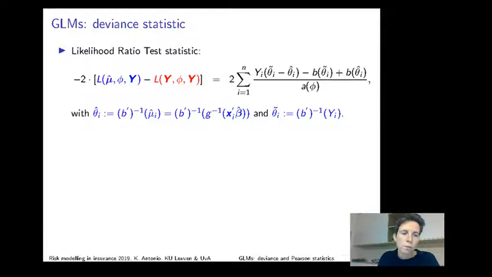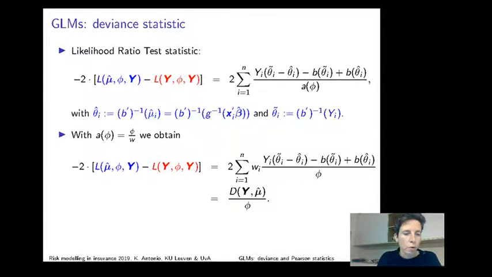Now for the function a of the dispersion parameter phi, we often use the following expression. So that's phi divided by an observation-specific weight w. So the expression derived as such is the so-called scaled deviance statistic. It is the deviance divided by the dispersion parameter phi. That's what you get here if you construct this likelihood ratio test statistic that compares the model under investigation against the full model.